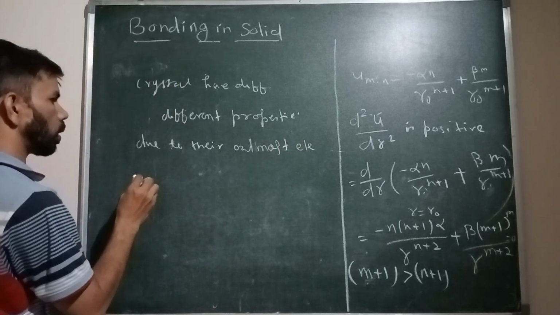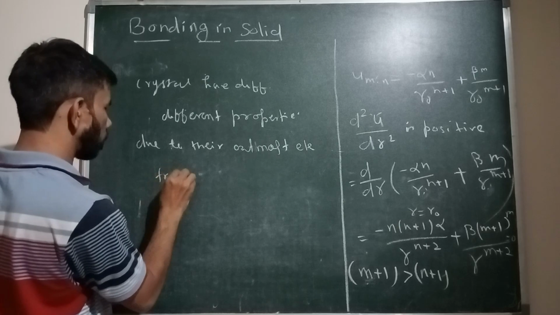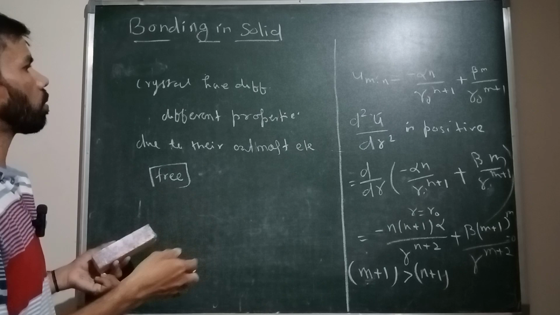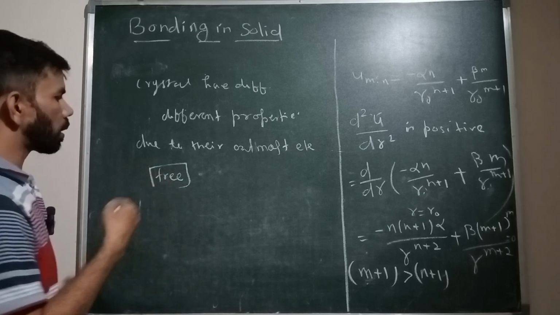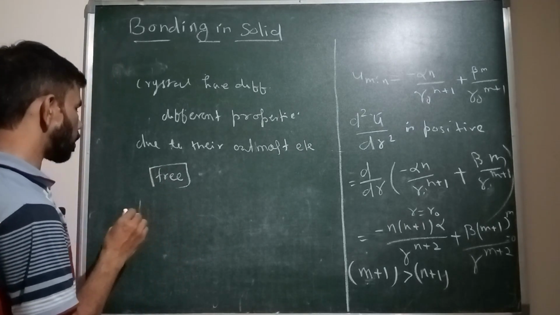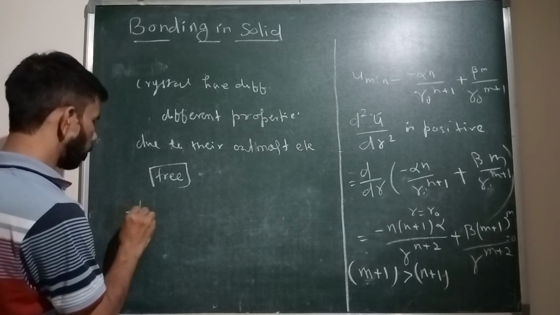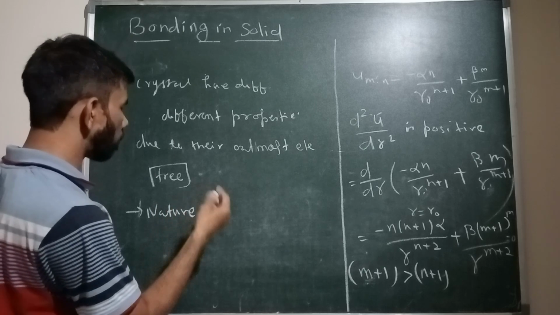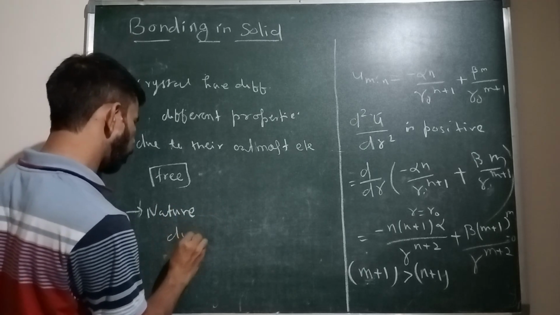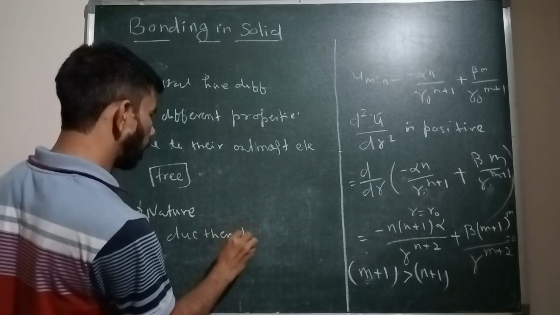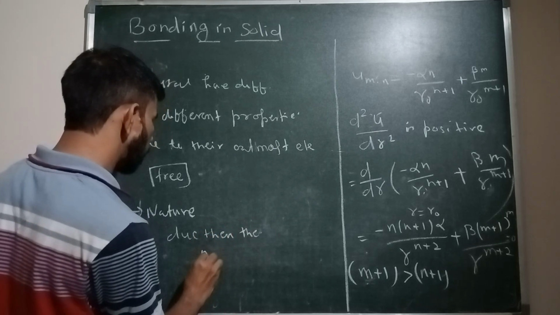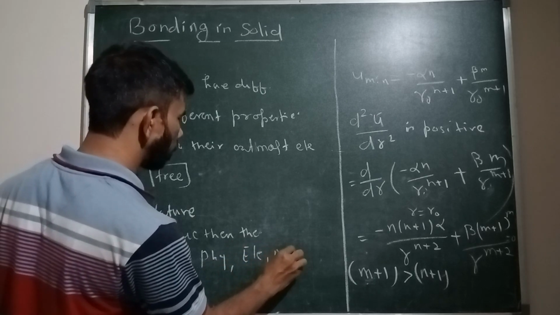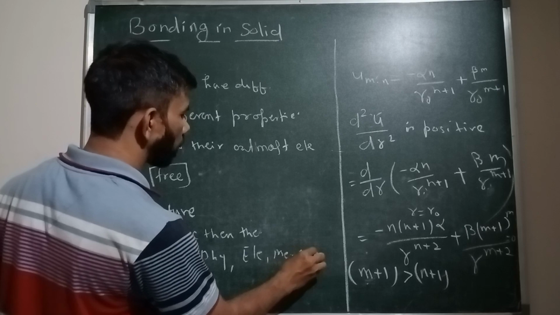We also call them free electrons. Every crystal has a different number of free electrons due to different valence electrons. The nature of the crystal or bonding is different, and due to that, the physical, electrical, mechanical and magnetic properties are different.